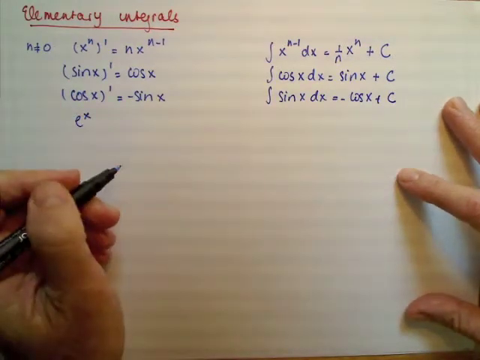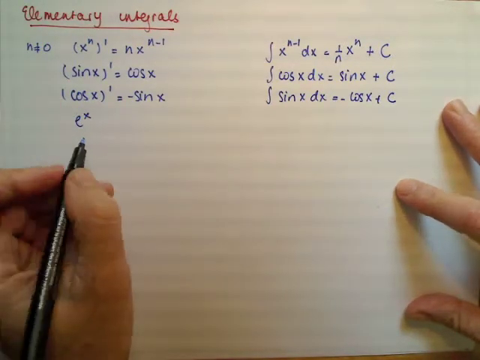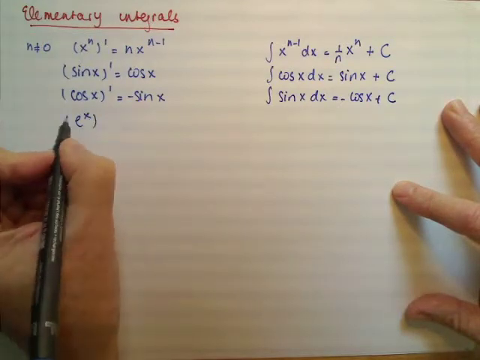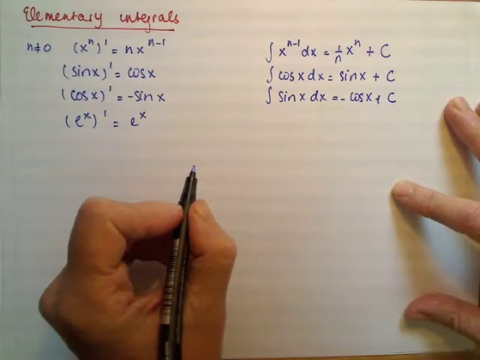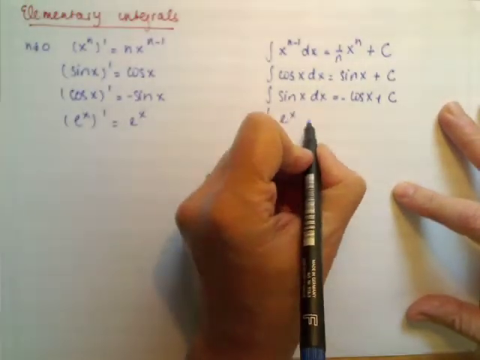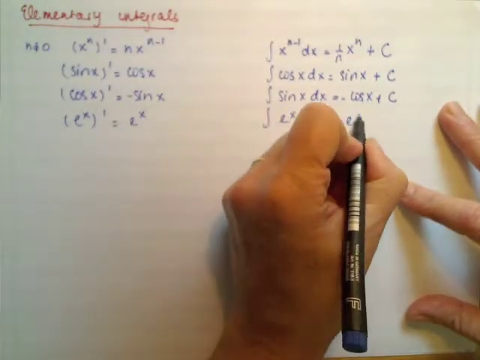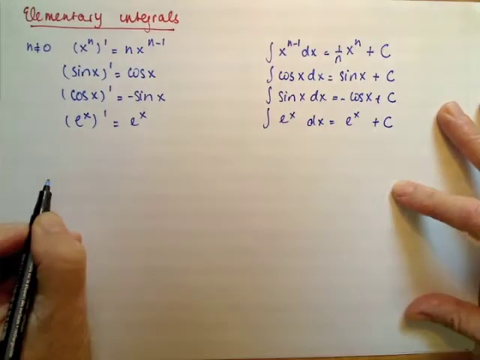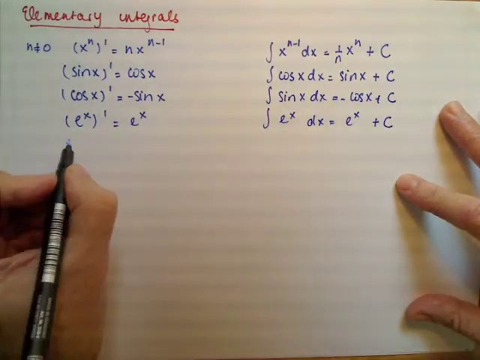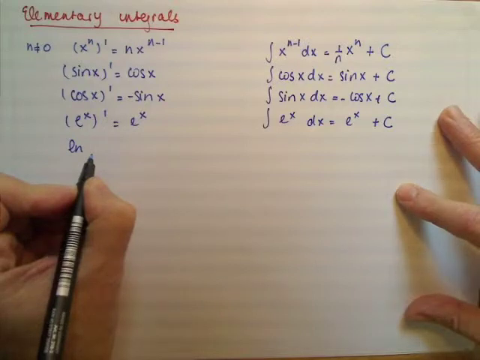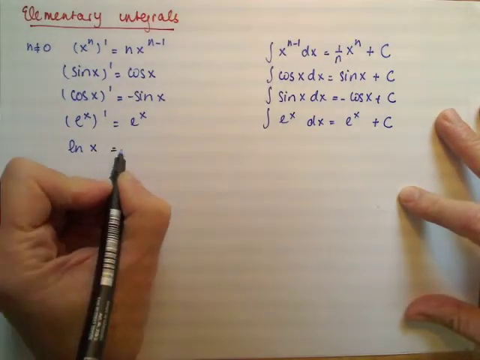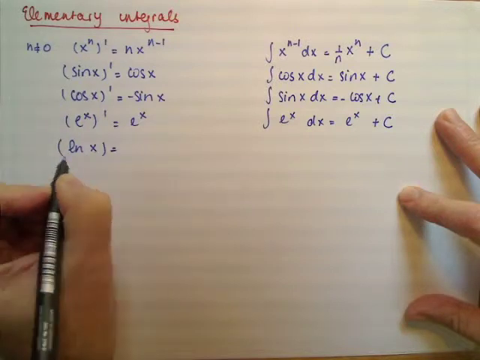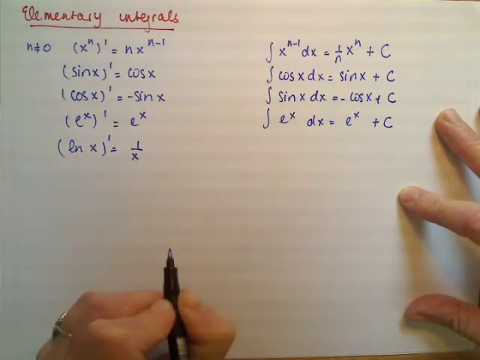The next function that we consider is e to the power x. We know that if we differentiate, we get e to the power x back. So if we integrate e to the power x, we get e to the power x plus an arbitrary constant. And the last is the natural logarithm of x. We can calculate the derivative quite easily, which is 1 over x.